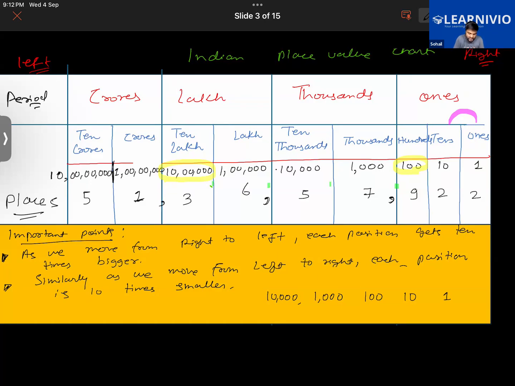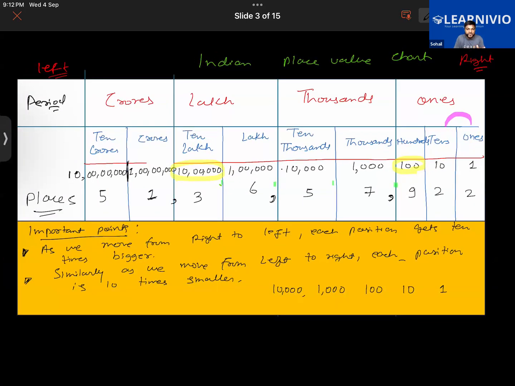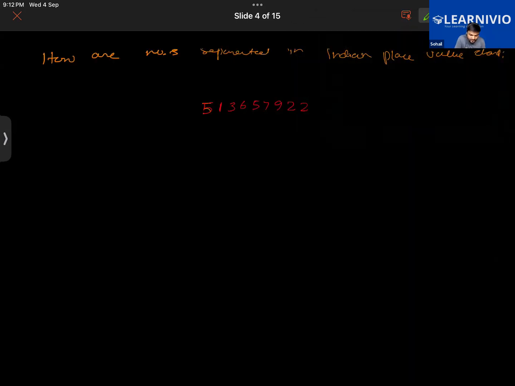So that is how we are supposed to place the commas here. Wherever the period ends, you put a comma, and that's how numbers are written in the standard form as per the Indian place value system. So between 5 and 7, between 7 and 9. The next one was between 6 and 5, and another one was here.